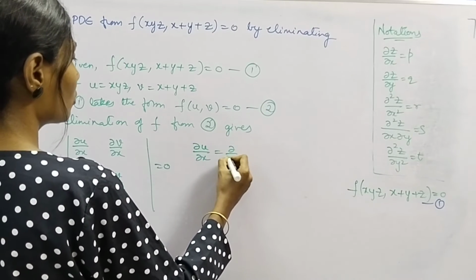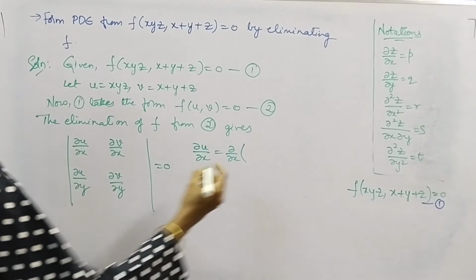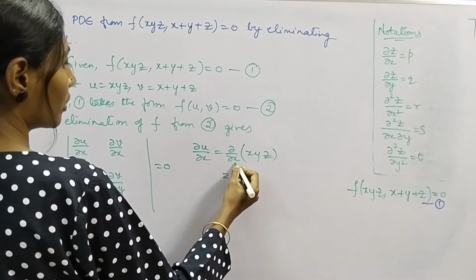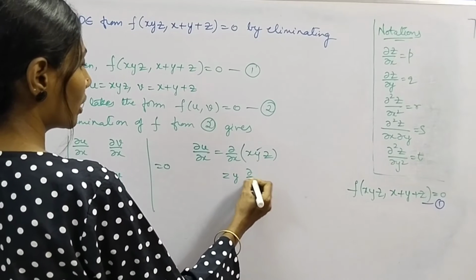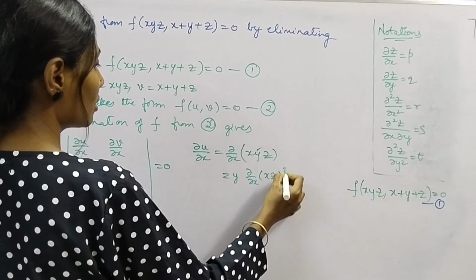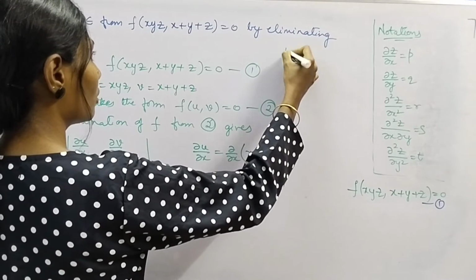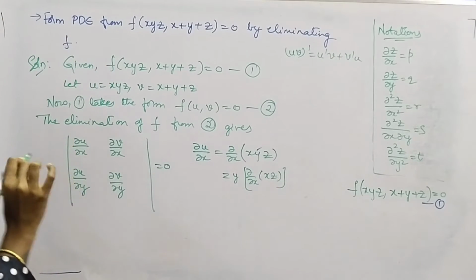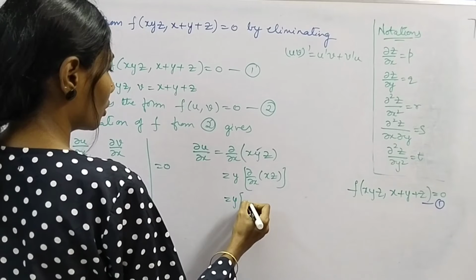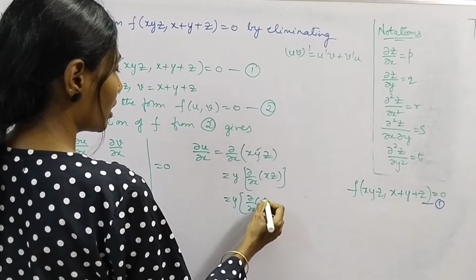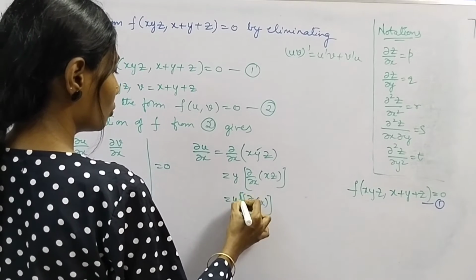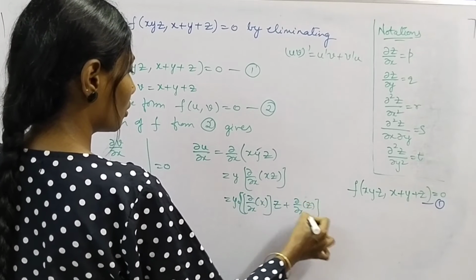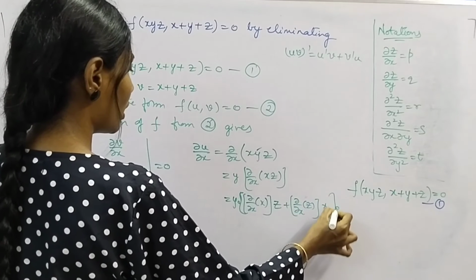∂u/∂x equals, here we are partially differentiating with respect to x, so we'll treat y as constant. We can write this as yz times ∂/∂x of xz, and apply the uv whole prime formula, which is u'v plus v'u. If you are really good at derivatives, just do it directly. Partial derivative of x into z plus partial derivative of z into x.